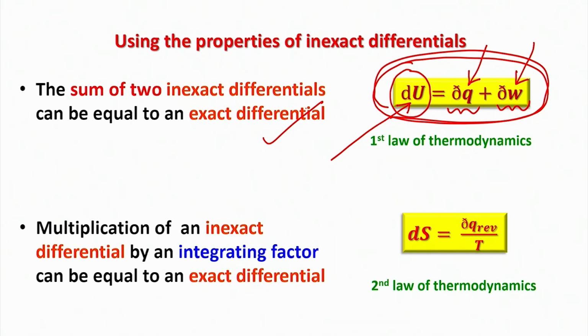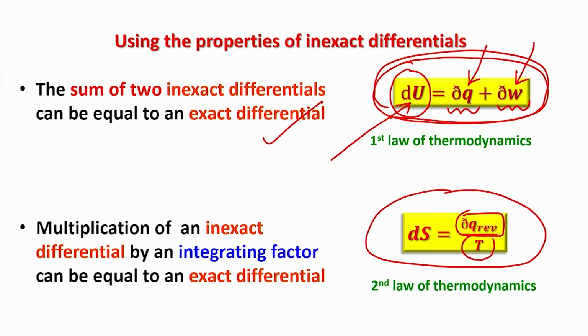As we will see in the later part of the course, the mathematical statement of the second law of thermodynamics is this. If dq reversible is the infinitesimal amount of heat exchanged between the system and its surrounding, and if such exchange has taken place reversibly at a temperature T, then dq reversible by T is equal to dS, where S is a thermodynamic function which is a state function, and accordingly dS is an exact differential.